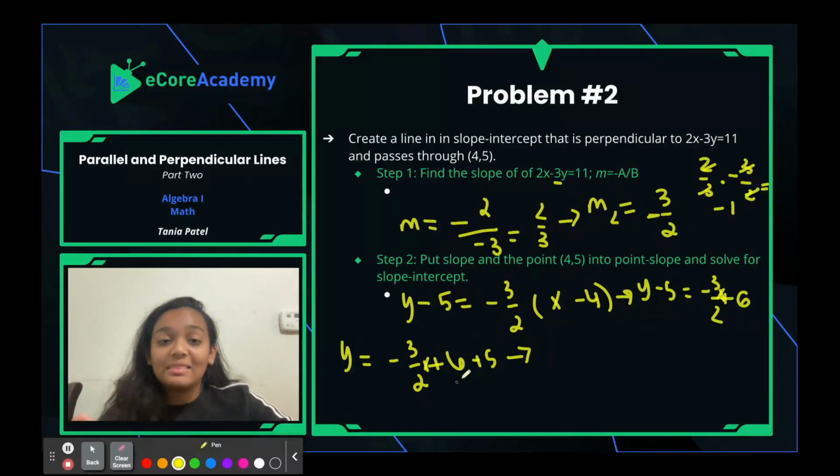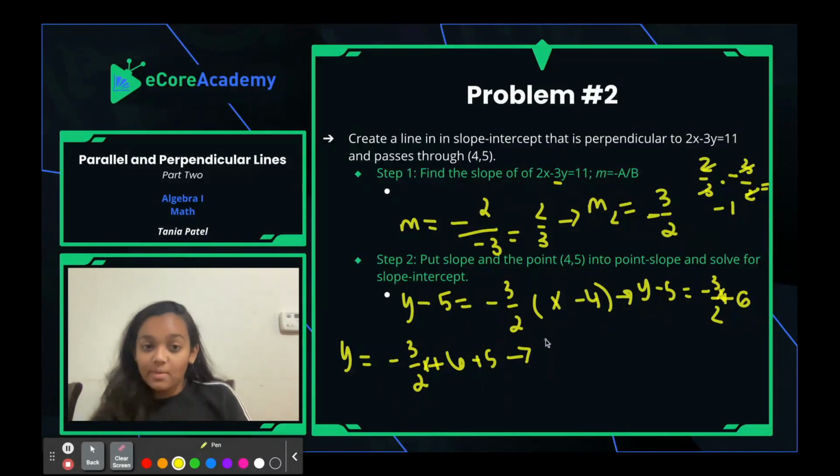So we just have to add these two constants up, and we'll have our slope-intercept form of the line, the new line that we've created, which is perpendicular to the original equation that was given to us and passes through the coordinate pair of 4, 5. All we got to do is add the two constants for the final touch.